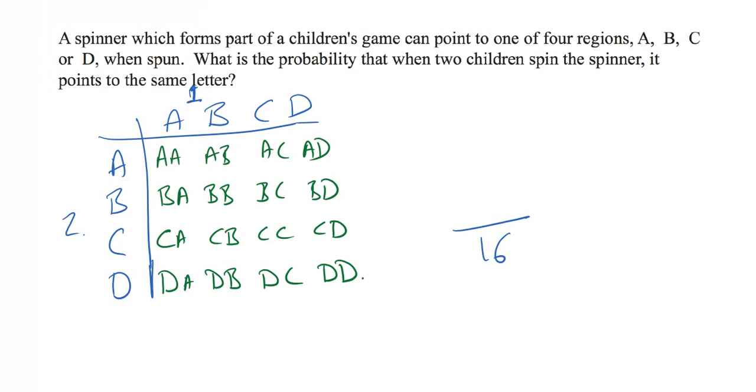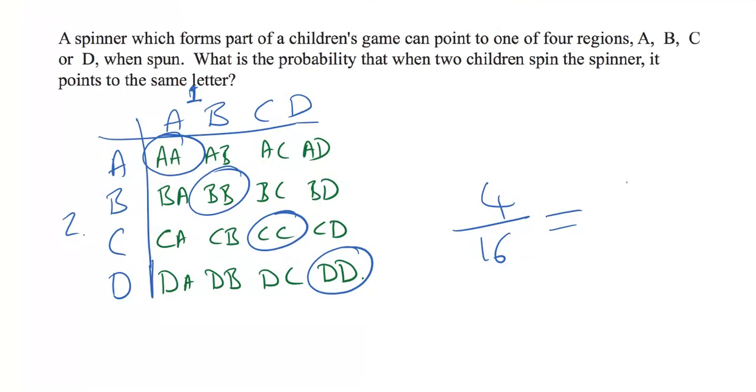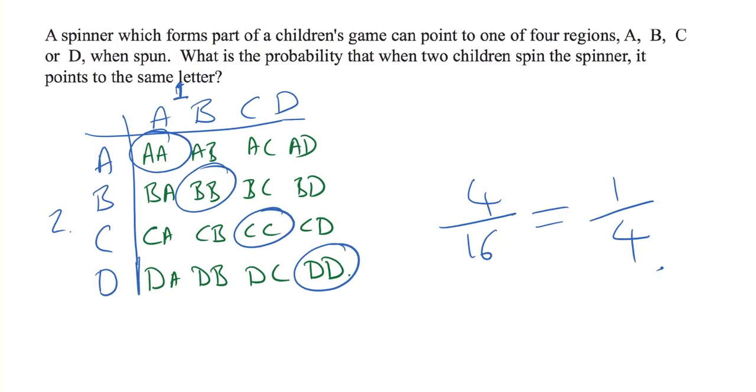So how many are there that are the same? Well, we've got 1, 2, 3, 4. So it's going to be 4 out of those 16, which is a quarter.